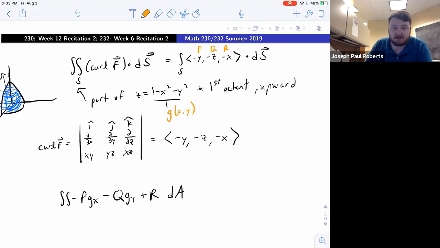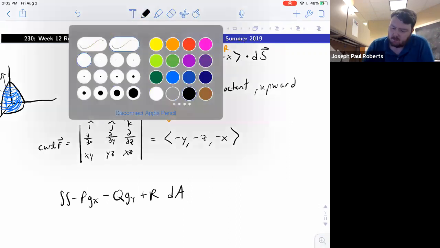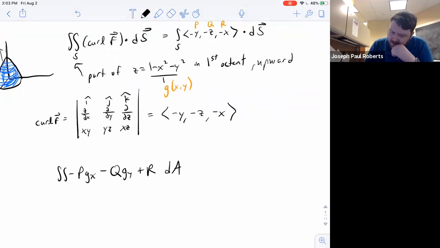So you do have to be careful with that. But anyway, looks like we get minus P, so minus y times g_x is minus 2x minus Q.